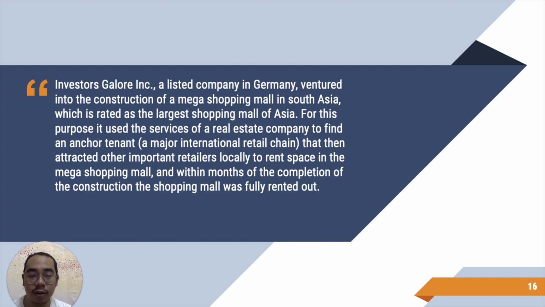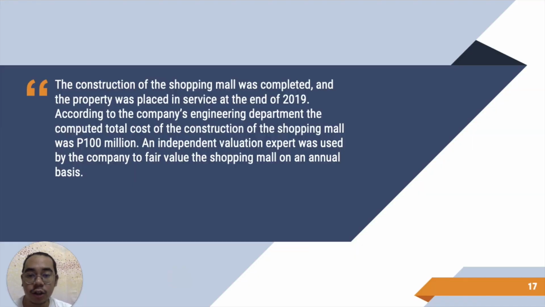So, pinaparent yung mall. The construction of the shopping mall was completed and the property was placed in service at the end of 2019. According to the company's engineering department, the computed total cost of the construction was 100 million pesos. An independent valuation expert was used by the company to fair value the shopping mall on an annual basis.